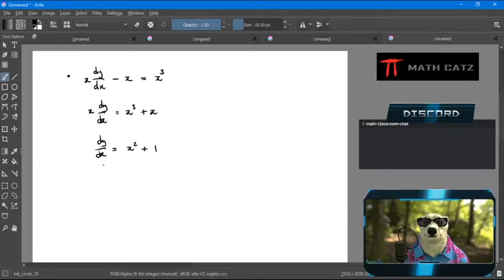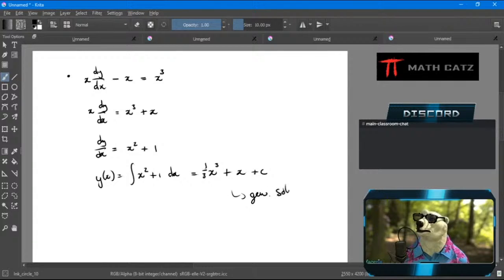I have a function y whose derivative is x squared plus 1. Therefore, y is the indefinite integral, or the antiderivative, of x squared plus 1, which I can do. It's x cubed over 3 plus x, of course, plus a c, and there's my general solution.